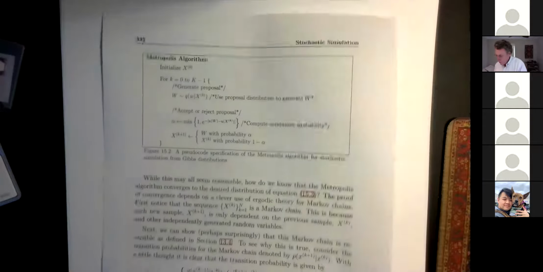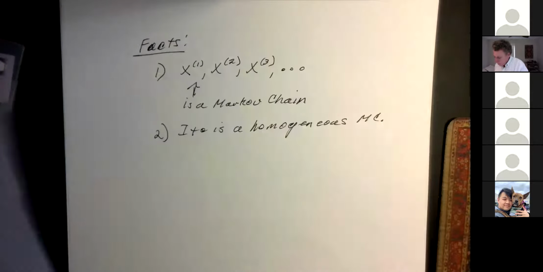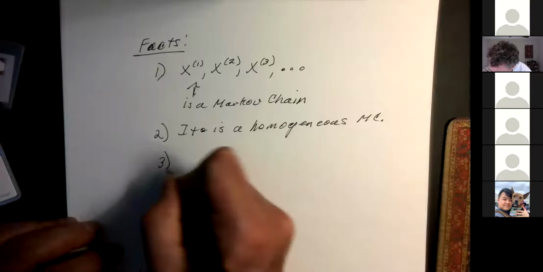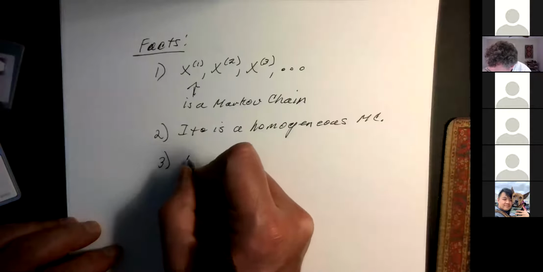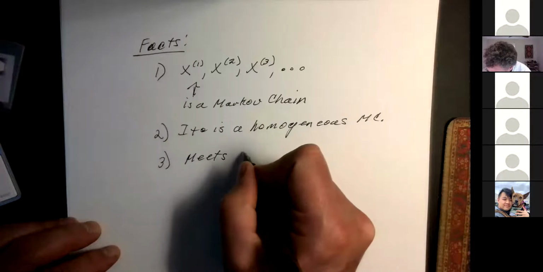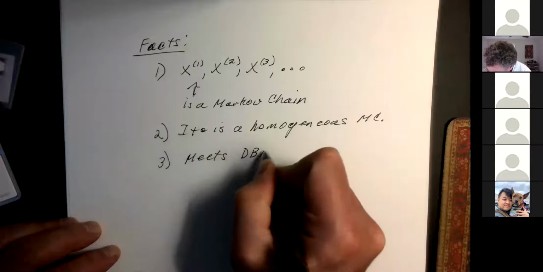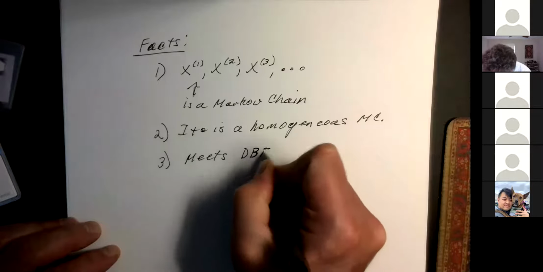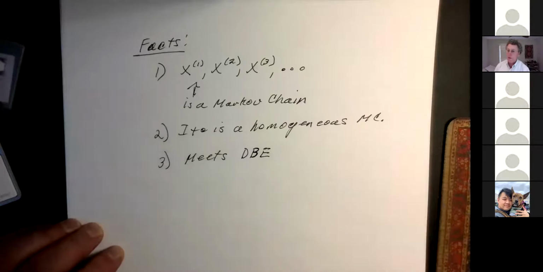So to prove that it's reversible, we have to show 3, that it meets the detailed balance equations. Do you remember the detailed balance equations?